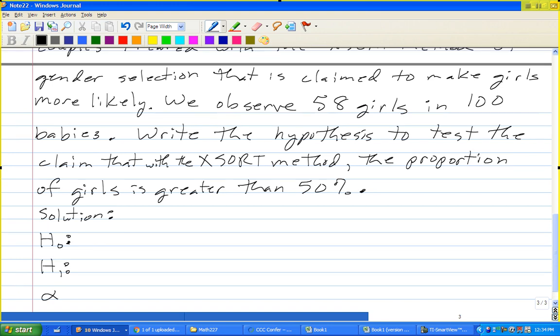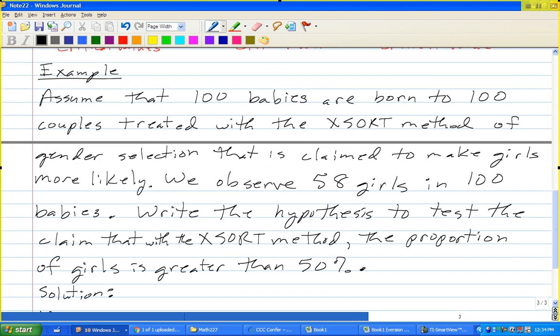So if I look here at this statement above, it's talking about the claim is the proportion is greater than 50%. So we're talking about a population proportion. And so, well, first off, before I do anything, alpha is always the easiest thing to determine. So let's look at alpha.